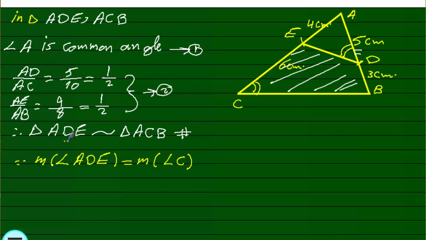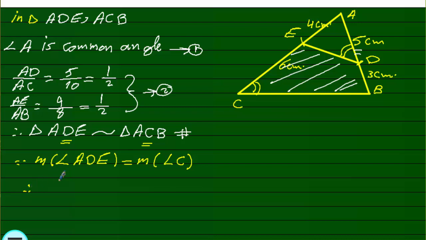Note that angle ADE, its vertex, equals the measure of angle ACB, okay? And angle ADE is an exterior angle to the figure.